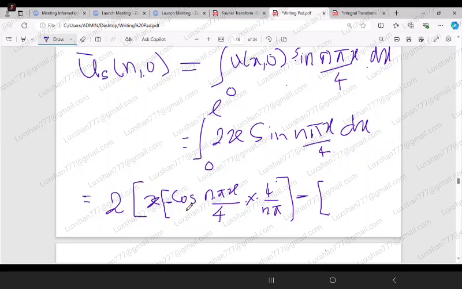Integration of this one, already minus is there, so I will get minus sine n pi x over 4 into 16 over n squared pi squared. I'm writing here.